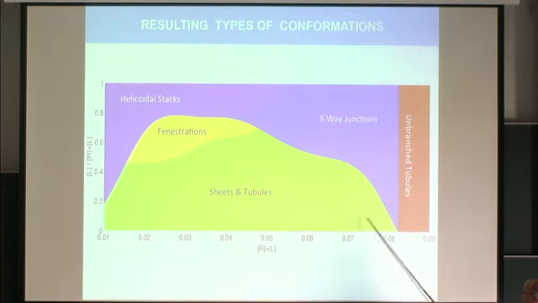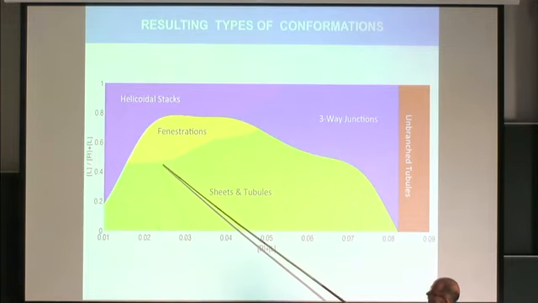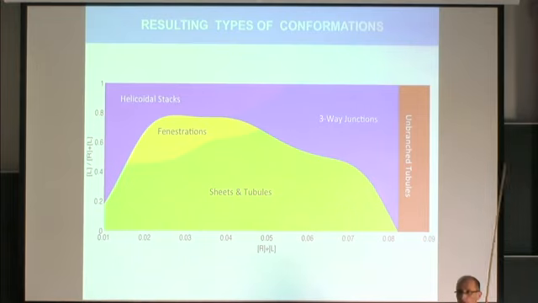This depends on the relationship between these proteins and these proteins. And if we have a small amount of these proteins, we can have fenestrations, which are actually not real holes in sheets, but rather spaces left between the sheets which come together and are connected to short tubes.